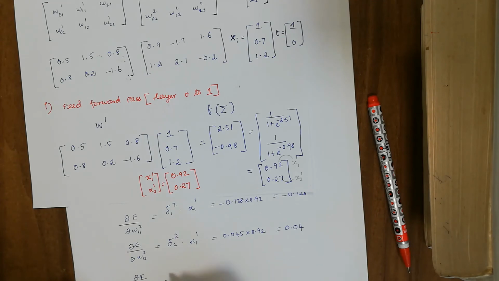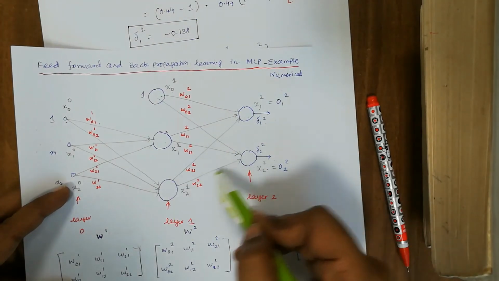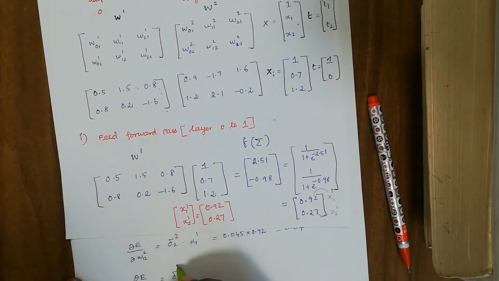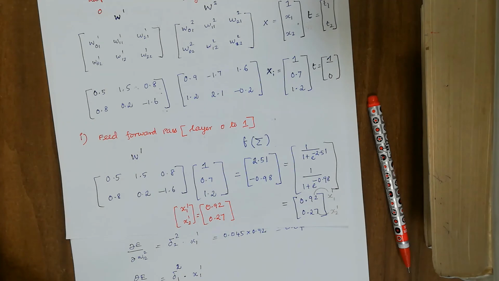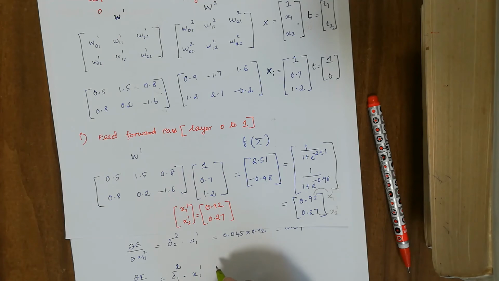Dou W212 can be written as del 12 multiplied by x21.